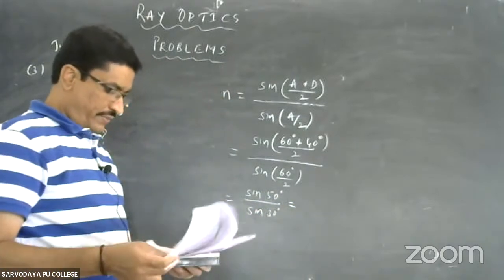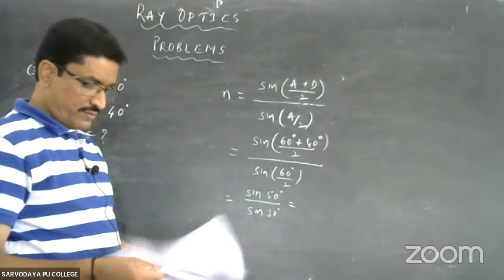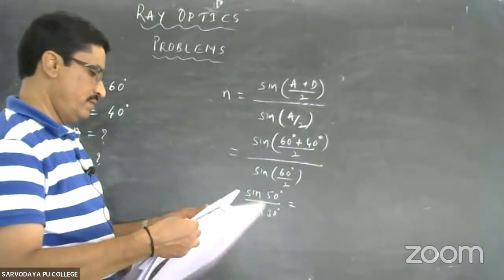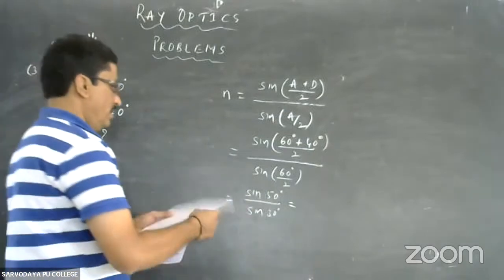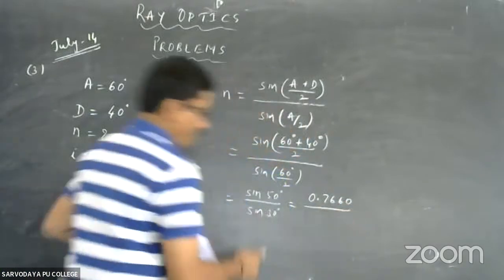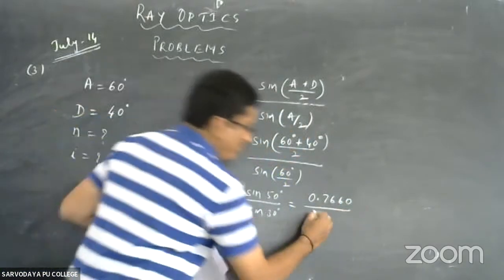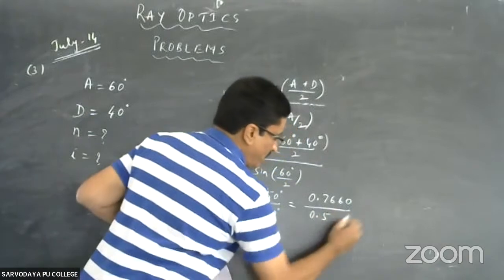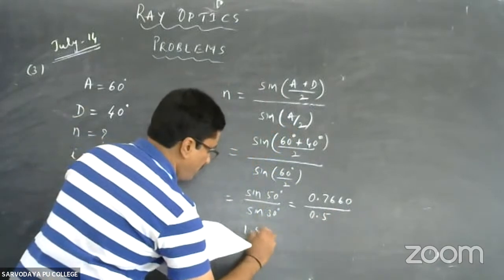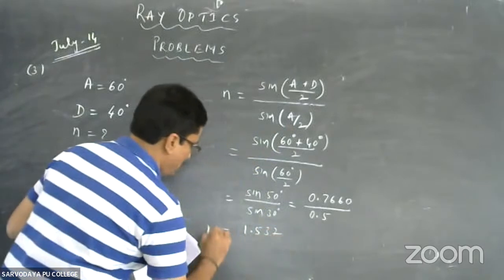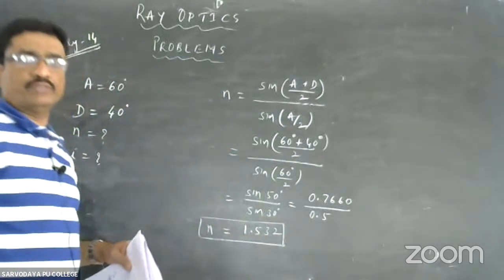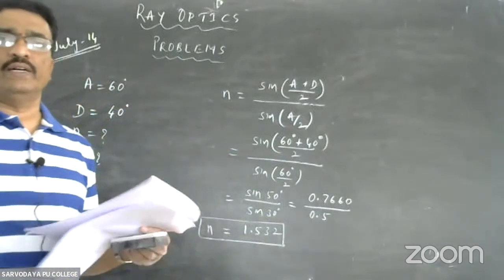Sin 50 degree, if we consider from Platt's table, is 0.7660. Sin 30 already you know is 0.5. Therefore, it comes out to be 1.532. This is the refractive index of the material of the prism, 1.532.